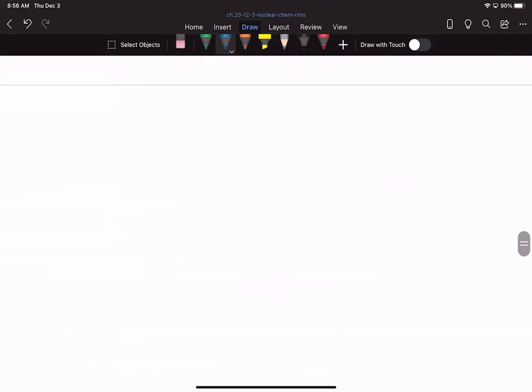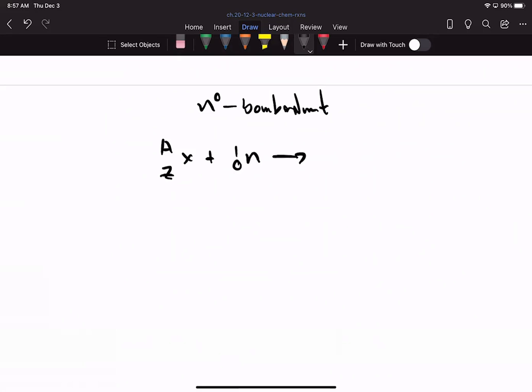Next, let's do neutron bombardment. And again, there's another general formula that we're going to use for that. We'll put A, Z, X plus 1 neutron, and we're going to get another proton plus some other element.